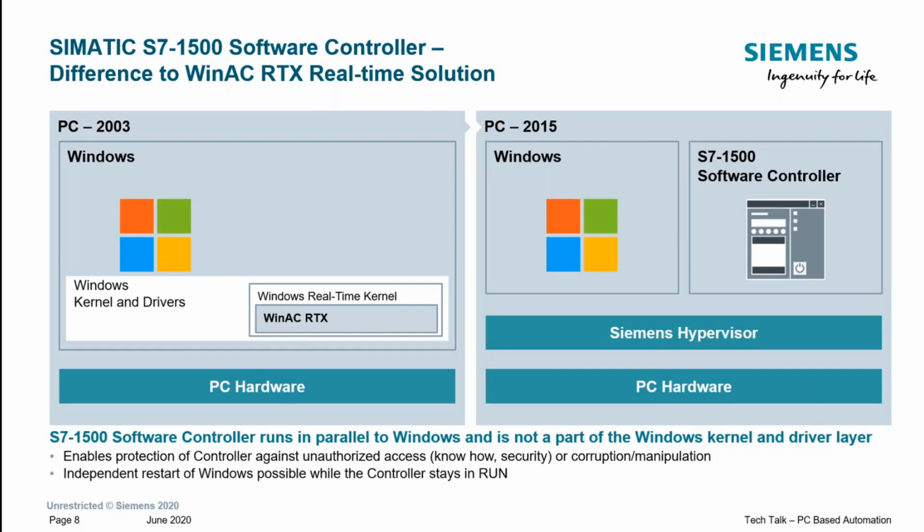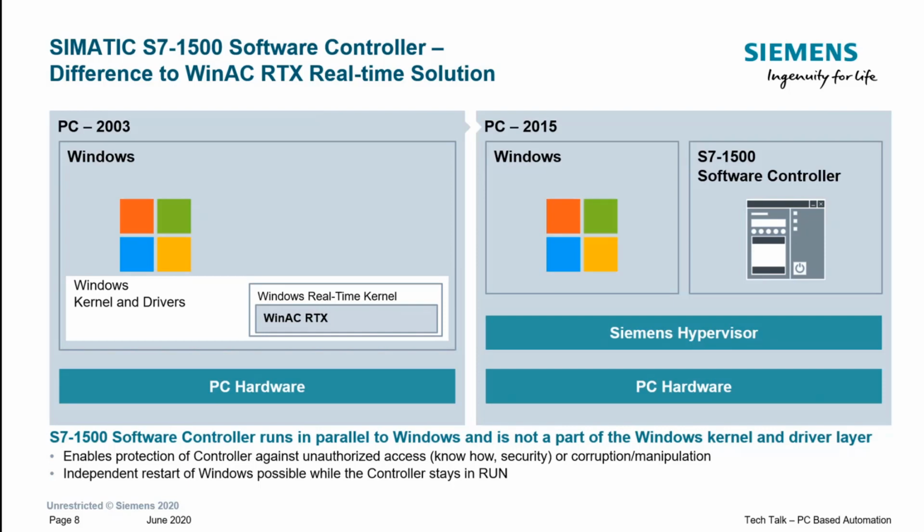Now, WinAC used a piece of software called RTX, and RTX installed itself as an extension to the Windows kernel. So the problem with this setup was WinAC was always vulnerable to whatever Windows was doing. So if Windows blue screened, or if Windows rebooted, or if it updated, you'd lose your control system. And we all know it's not feasible to just suddenly lose the control system.